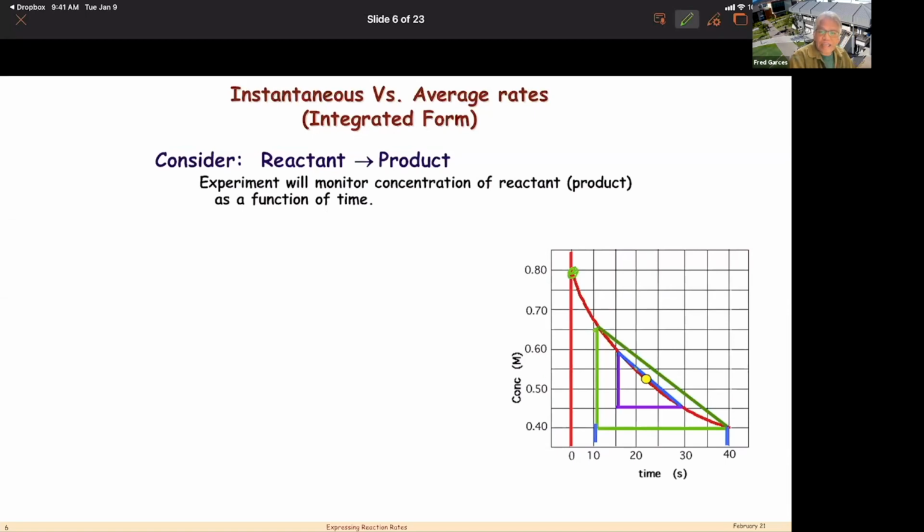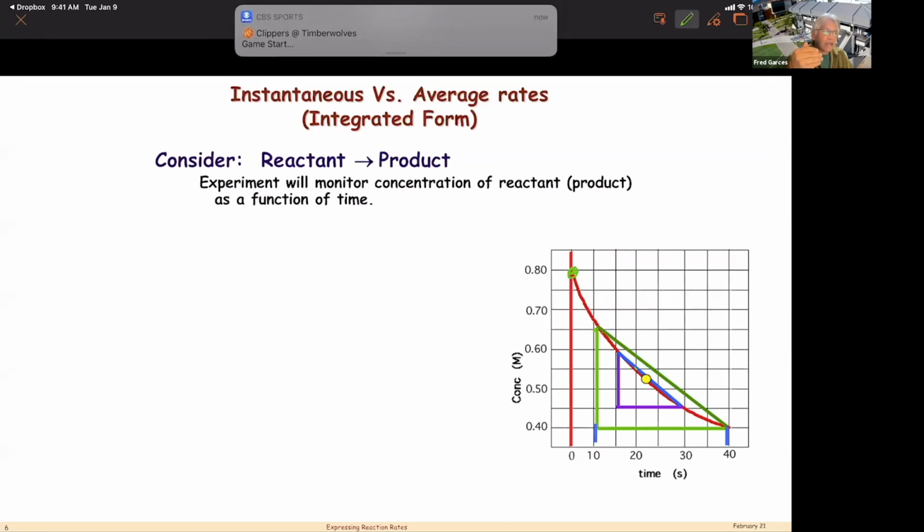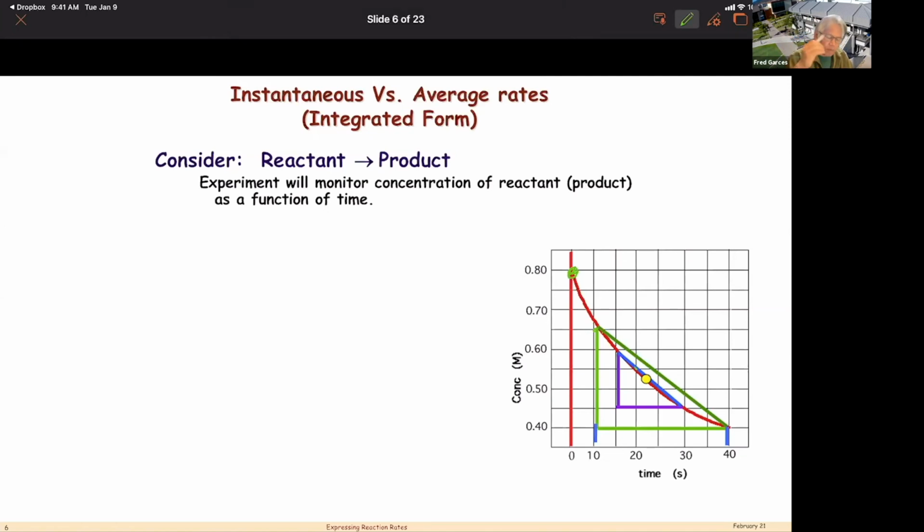We can actually calculate the speed by which that chemical is decomposing, because remember, the concentration is becoming less, so that means that it's disappearing. So in this particular case, we're looking at probably a reactant, because reactants decrease with time, and we can calculate the speed by which this particular chemical disappears.